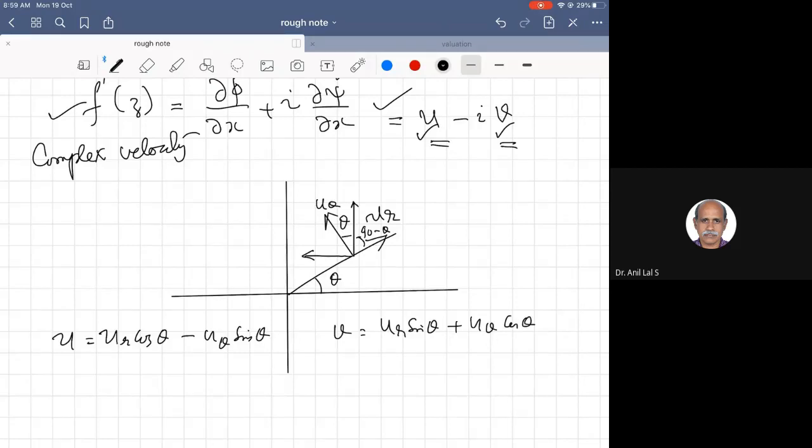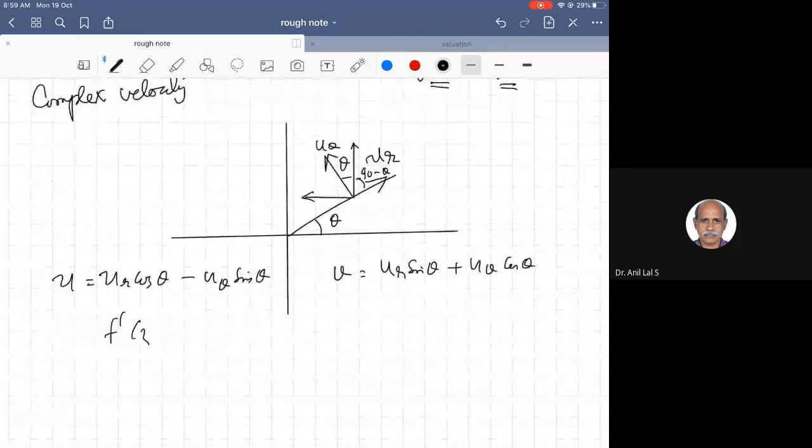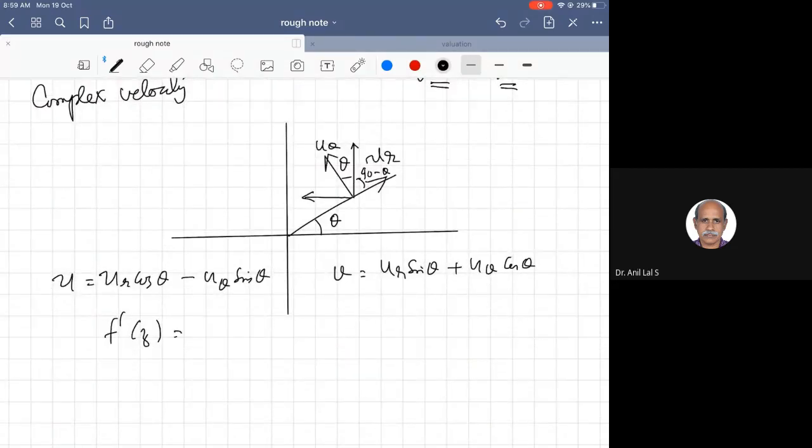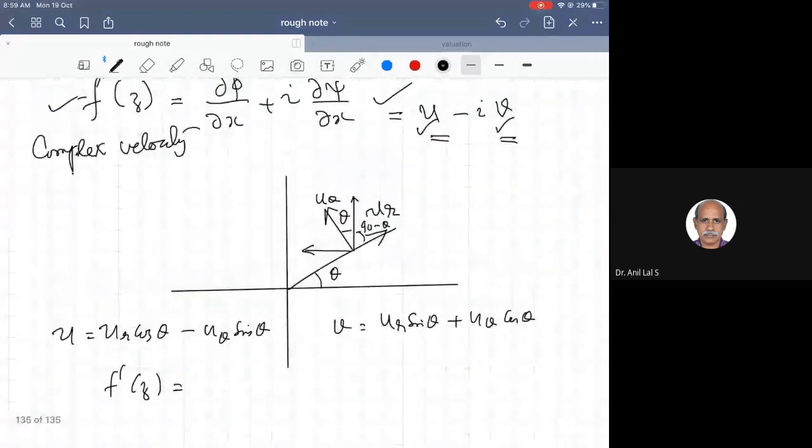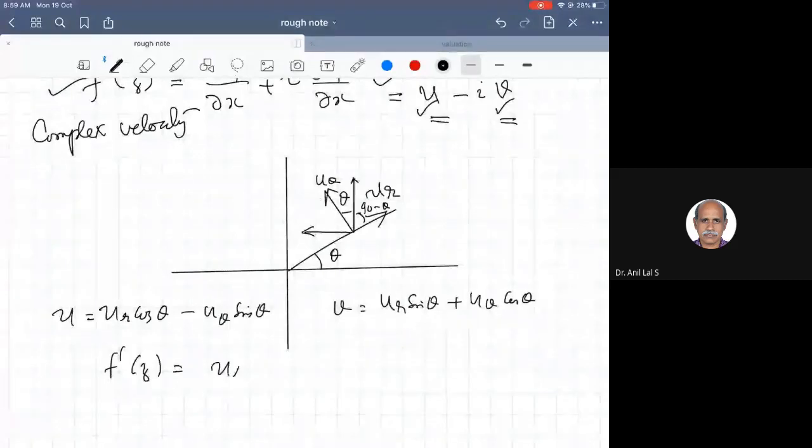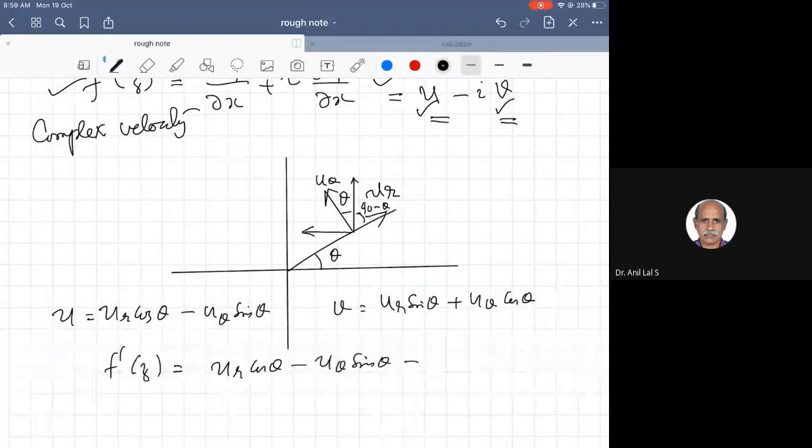Now we substitute in f dash z. f dash z is equal to u minus i v, that is ur cos theta minus u theta sin theta minus i into ur sin theta plus u theta cos theta.